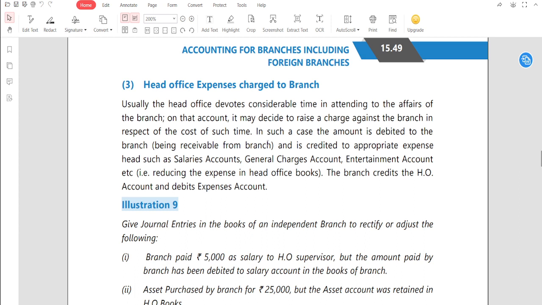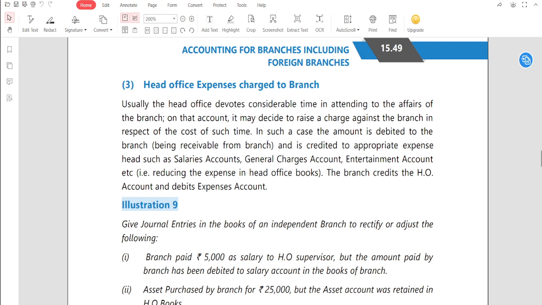Let's understand it once. Usually the HO devotes considerable time in attending to the affairs of the branch. In that case, it may decide to raise a charge against the branch in respect of the cost of such time.